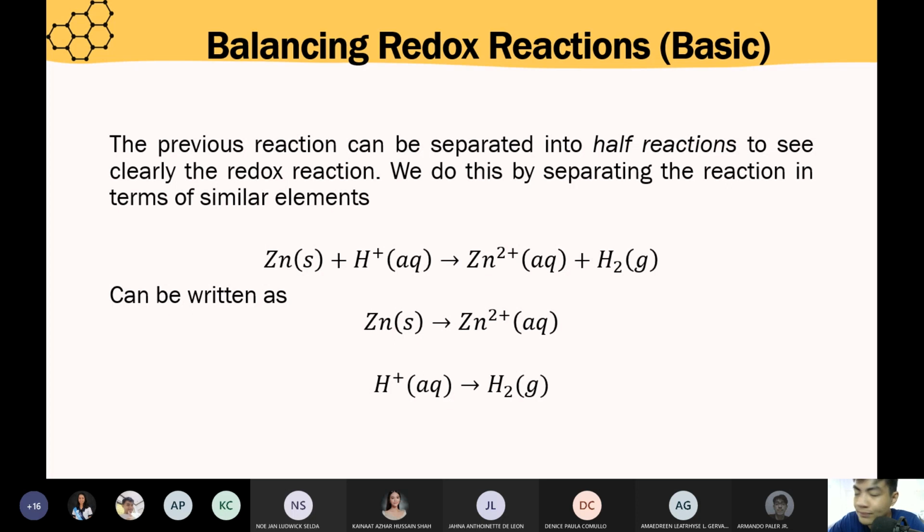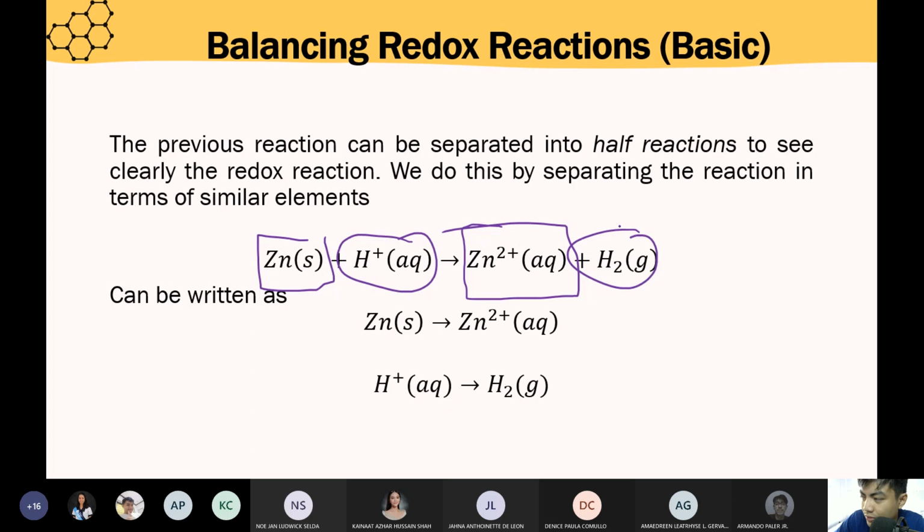So, in order for you to balance a redox reaction, okay, gagawin mo, ito yung example natin kanina. Pagsamahin mo yung parehas na element, yung zinc to zinc 2+, pagsamahin mo, yung H+ to H2. Pagsamahin mo sila. So, you will have 2 equations. Ang tawag dito ay half equations.